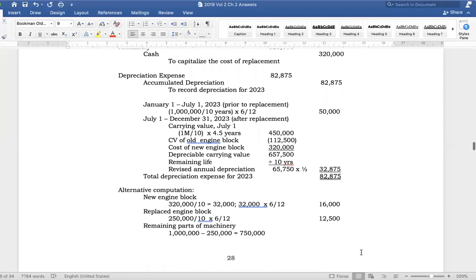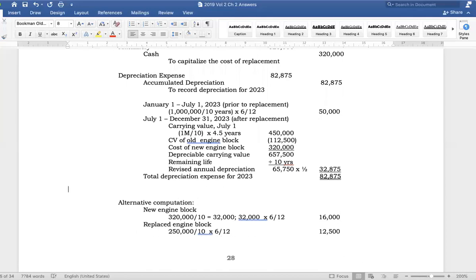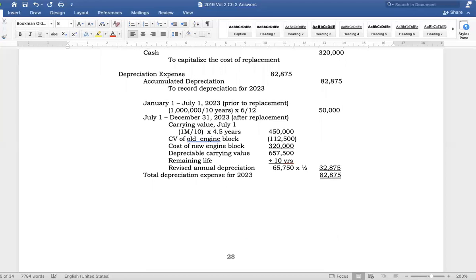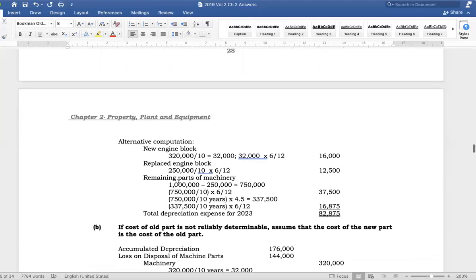Okay, so our alternative computation may be presented as follows. We have the depreciation on the new engine block, that is from July 1 to December 31, that's 320,000 divided by revised life of 10 times 6 over 12, so that's 16,000. And for the old part, that is the replaced engine block, that is 250,000 divided by 10 times 6 over 12, that's 12,500.